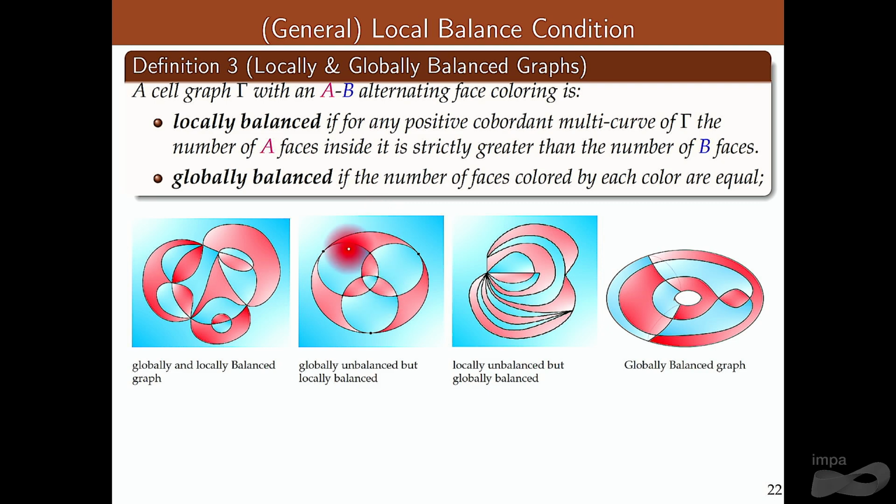That is an interesting example that is locally balanced, but not globally. You have more pink faces than blue faces. That one is locally balanced. That cycle here, in this region, you have 2 pink faces and 2 blue faces. So it's not locally balanced, but it is globally balanced. And that is another example on the torus, that is locally and globally balanced. Okay.